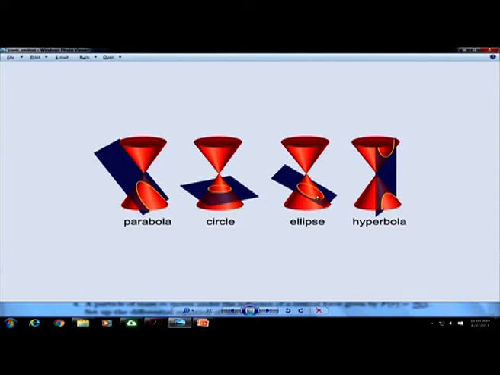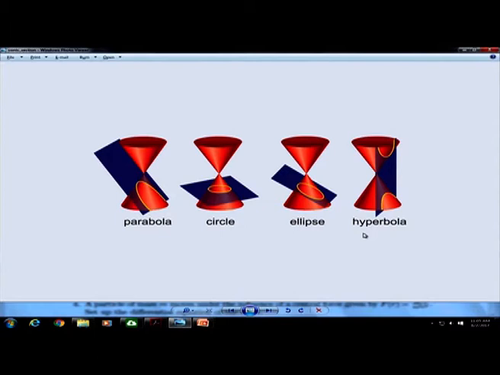If the cut is like this, it is an ellipse, and if the cut is like this, it is a hyperbola. Now, why do we need two cones especially for a hyperbola? Because a hyperbola, if you recall from your coordinate geometry lesson, essentially has two components.